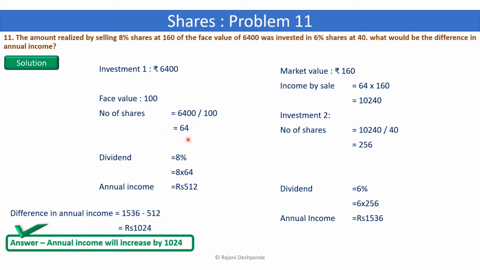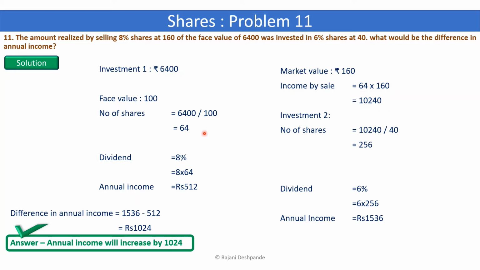Now we sell these 64 shares which we have at rupees 160 per share in the market. So the market value of one share here is 160 and we get an income by sale after selling the 64 shares. We get 64 into 160, that is 10,240.